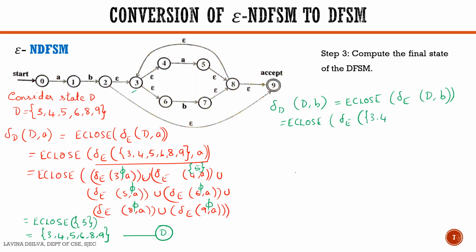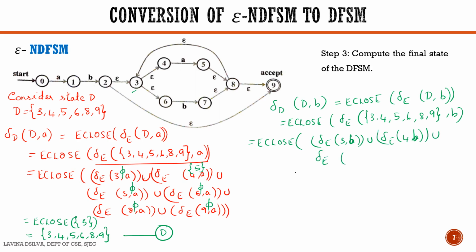It is 3, 4, 5, 6, 8, 9, comma B. Splitting, we get E close of delta E 3 comma B, union delta E 4 comma B, then we have union delta E 5 comma B, union delta E 6 comma B, union delta E 8 comma B, union delta E 9 comma B.